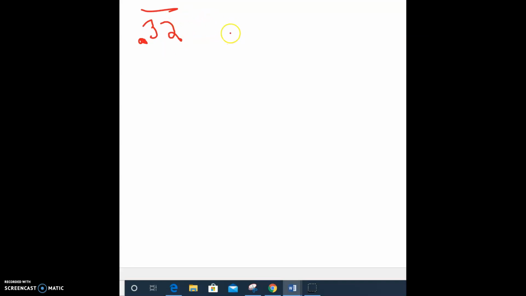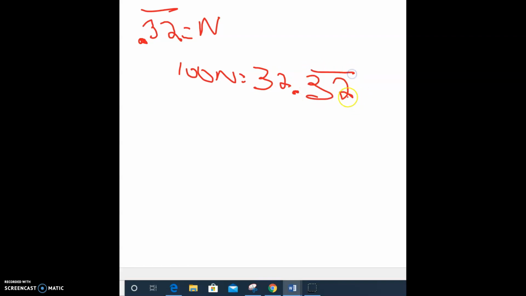What we could do is let this equal n. If I multiply it by 100, then 100n would get a 32 in front of the decimal place, and it would get that repeating decimal really nicely lined up after the decimal place. And then my original n was just the after the decimal point part.